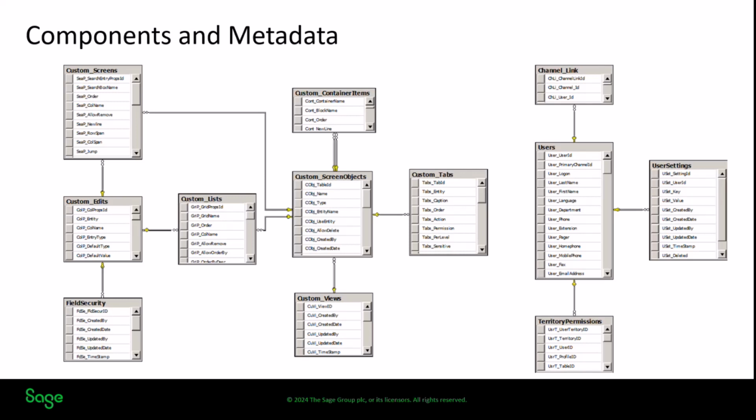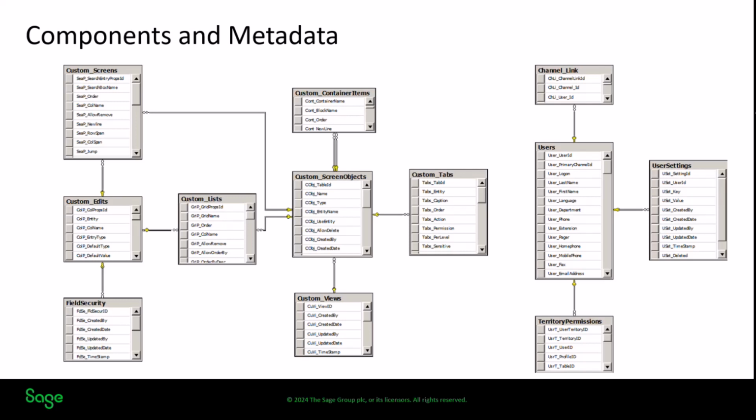So if we just take that idea of a new column that we've added into a table like the person table, that new column, that new field, would mean that there was a definition in the custom_edits table, custom_captions, because the label for that field has to be defined.